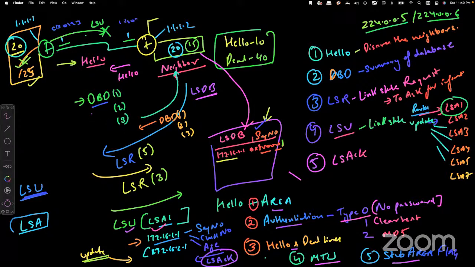We will not acknowledge DBD or hello packets. You can check in Wireshark. I think hello will not have an acknowledgement, and DBD we will see in the Wireshark capture. The LS acknowledgement is like a receipt of confirmation, that we got the information.